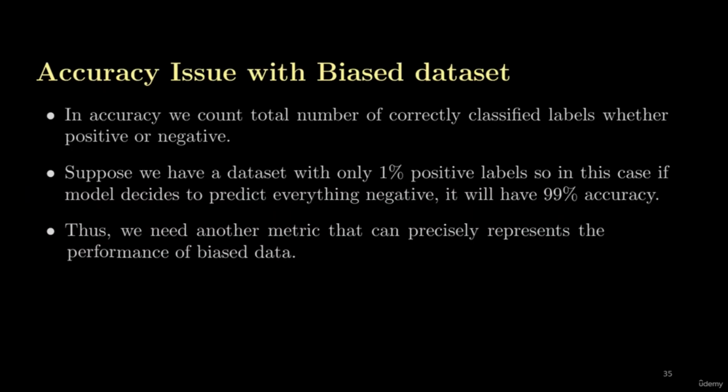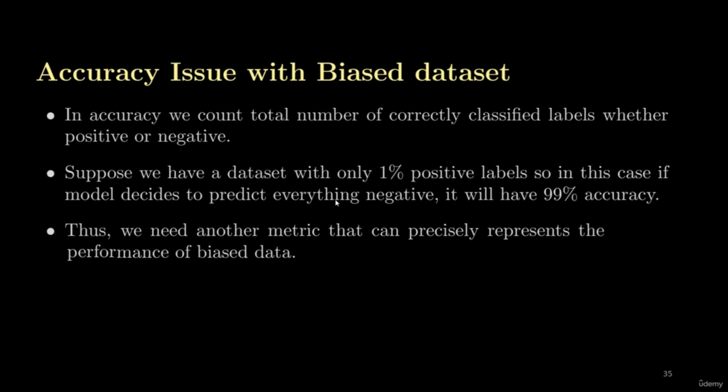There is an issue with accuracy if the data set is biased. Bias means the labels are not equal. Suppose we have a data set with only 1% positive labels and 99% negative labels. What will happen in that case? If the model decides to predict everything as negative, it will still have 99% accuracy. What does it mean?